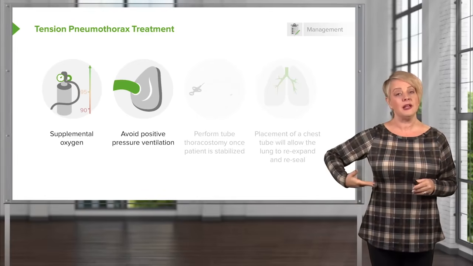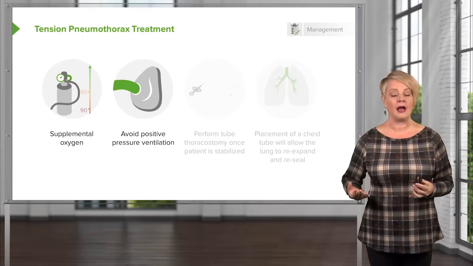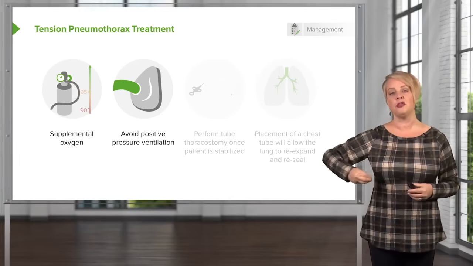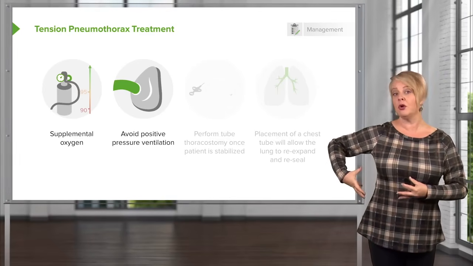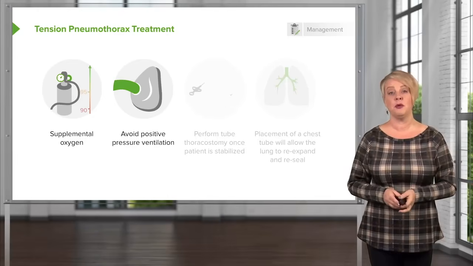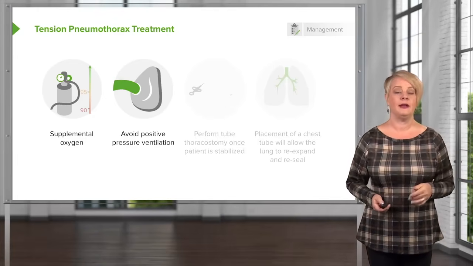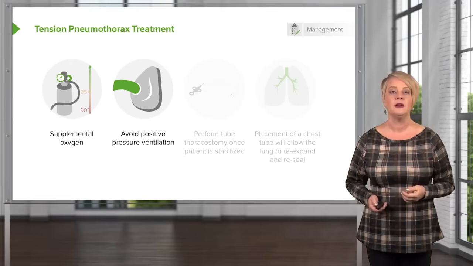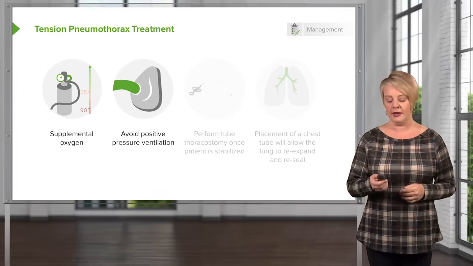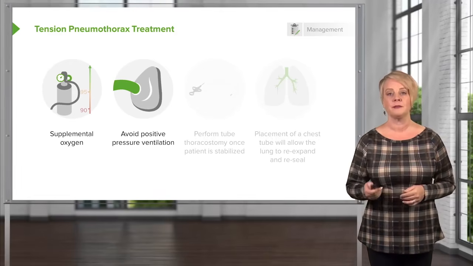And if they have an injury that's led to a tension pneumothorax, we're going to be pushing air out through that injury into the pleural space and expanding the pneumothorax, which is going to make them worse. So if your patient needs to be intubated, if they need to be mechanically ventilated, you should do that after you've already addressed your pneumothorax.